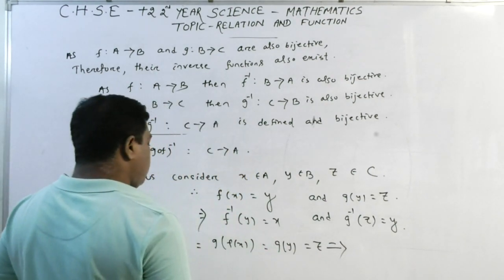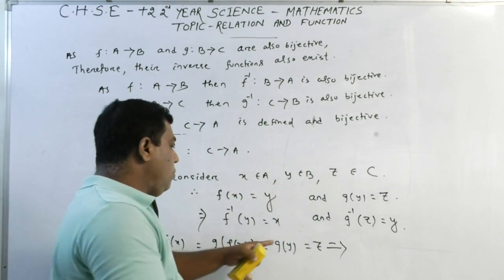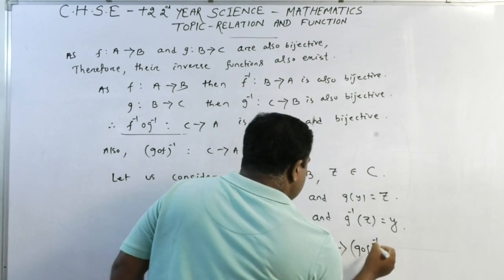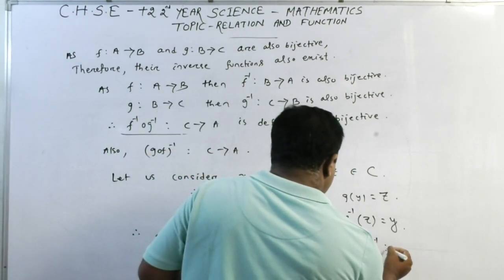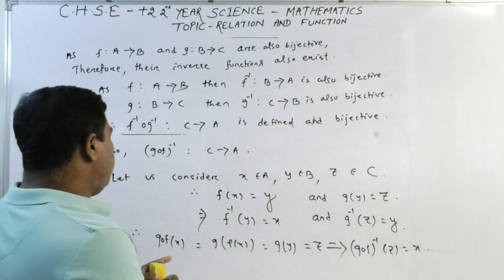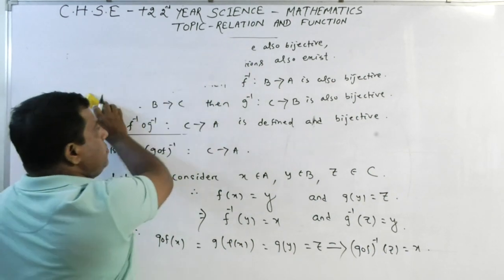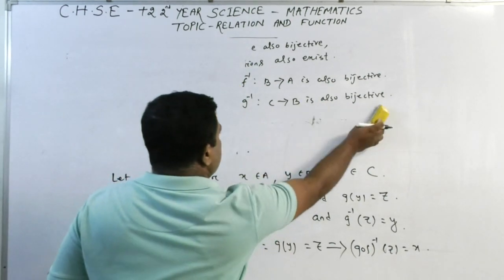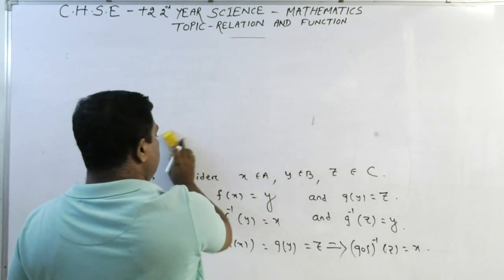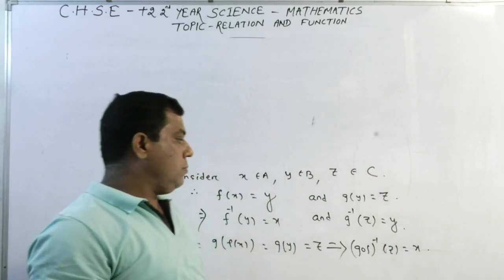That implies as g∘f is converting x through y in the form of z, so that implies (g∘f) inverse is from z to x. (g∘f) inverse z equal to x. Okay. Clear?